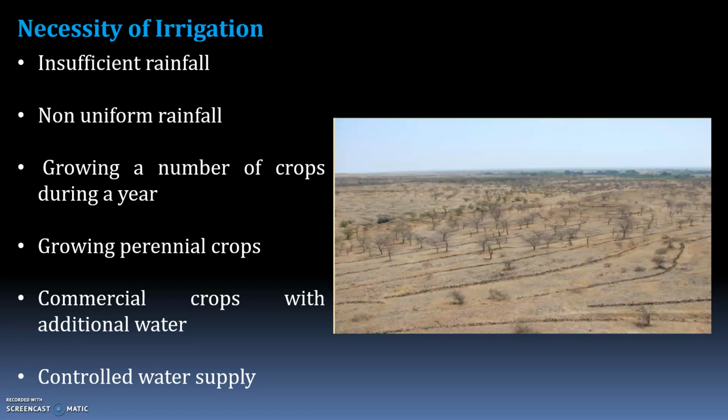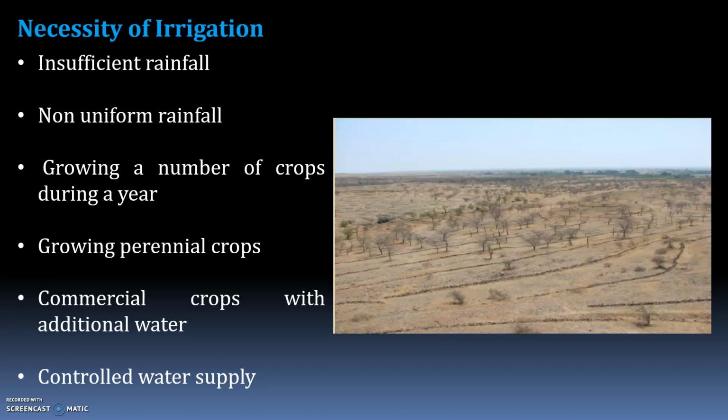The first one is insufficient rainfall or less rainfall. What happens when the total rainfall is less than needed for the crop? Obviously, an artificial supply is necessary. In such a case, irrigation works may be constructed at a place where more water is available and then convey the water to the area where there is deficiency of water.